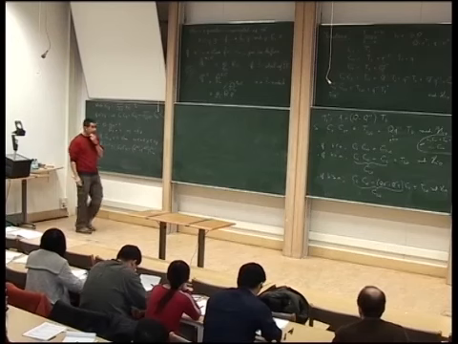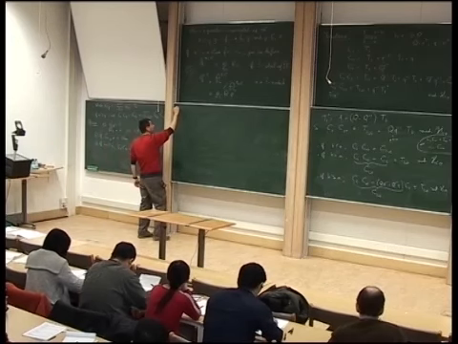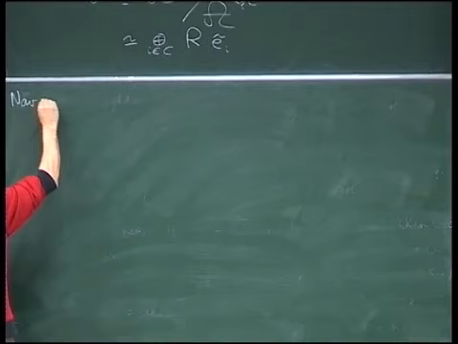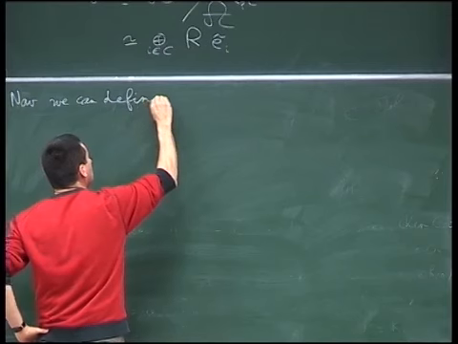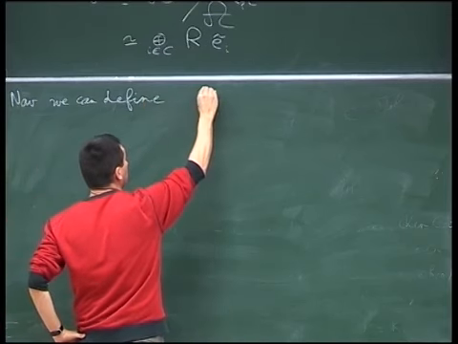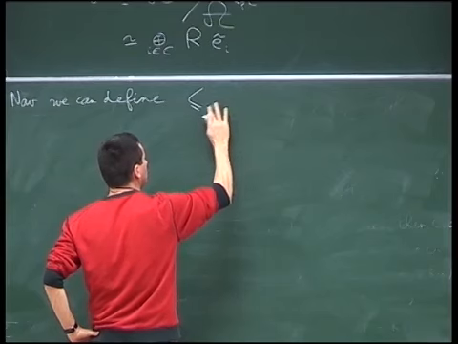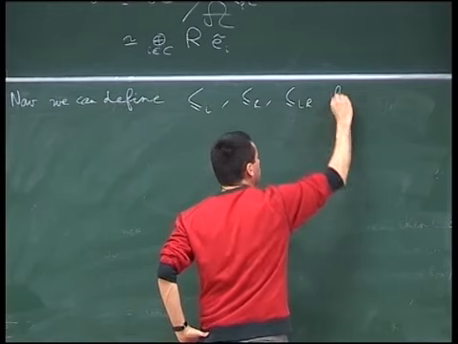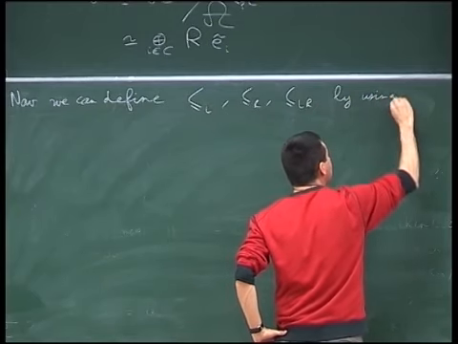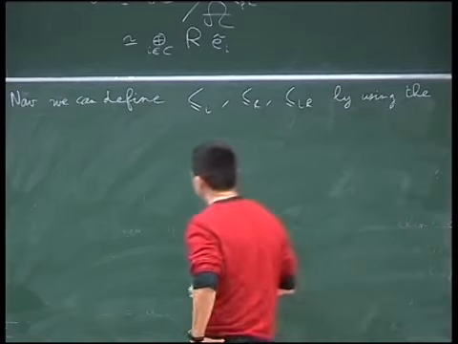Well, let's see an example. Before an example, we can define the pre-order by using the Kazhdan-Lusztig basis.